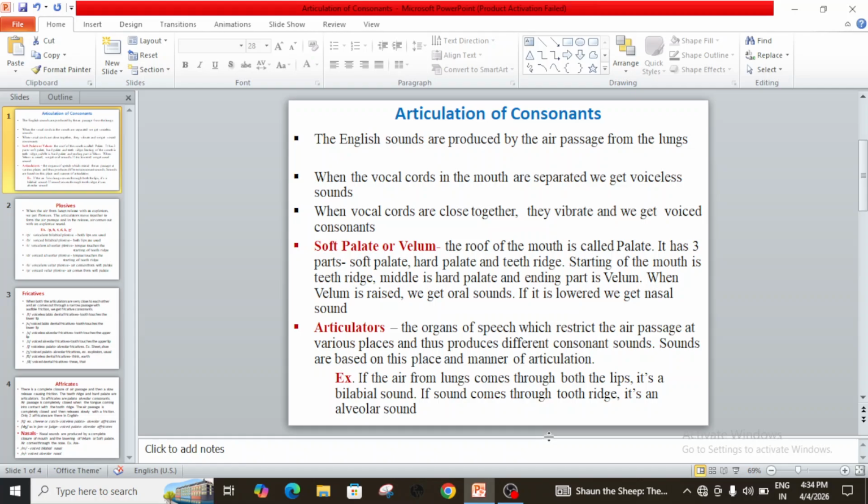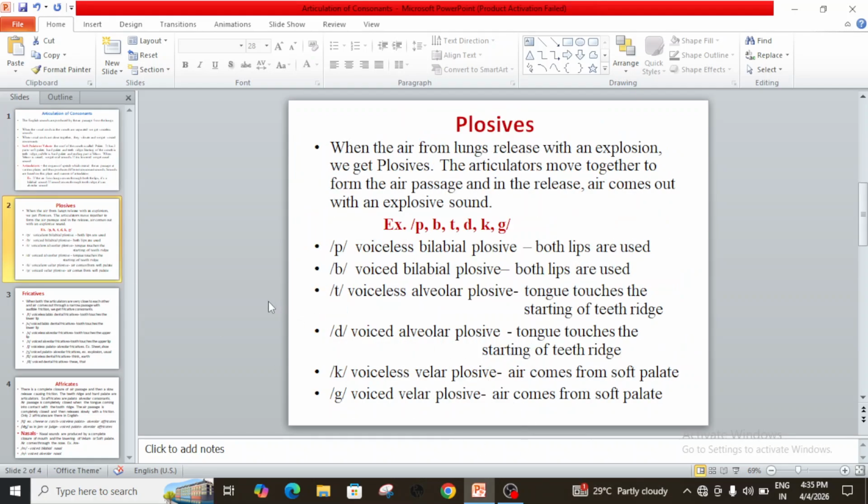According to the manner of articulation, the English consonants are classified as plosives, affricates, fricatives and nasal sounds. Plosive sounds: when the air from the lungs is released with an explosion, we get plosives.